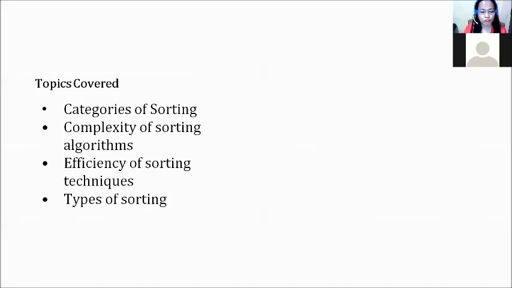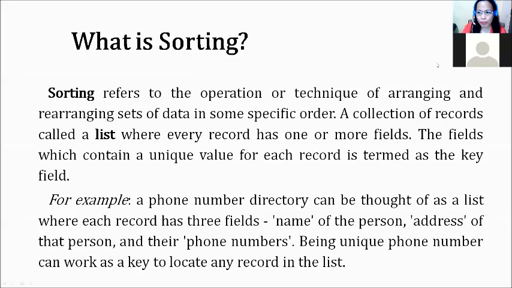Okay, so the topics covered: the categories, complexity of sorting, efficiency of sorting, and types of sorting. So what is sorting? Sorting refers to the operation or technique of arranging and rearranging sets of data in some specific order.